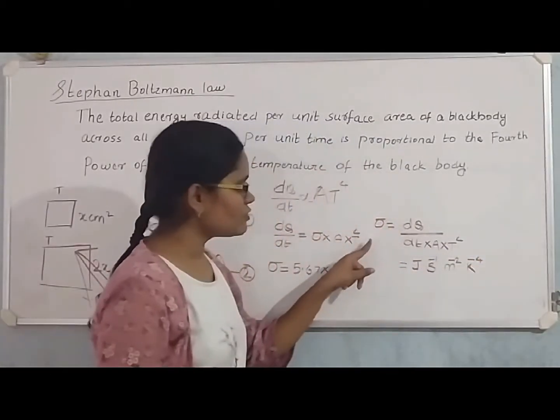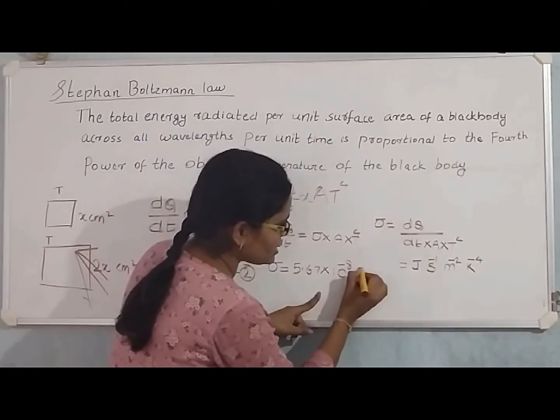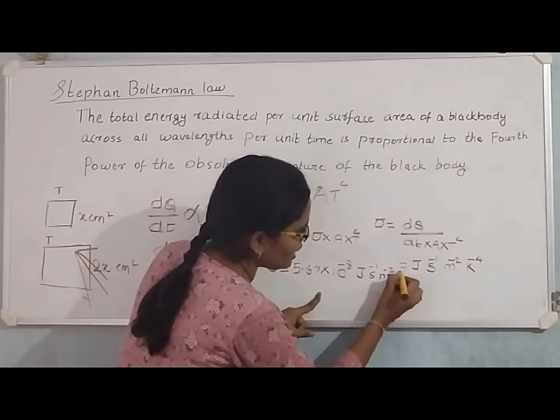So this is the unit of the Stefan Boltzmann constant: 5.67 into 10 power minus 8 joules second inverse meter power minus 2 Kelvin power minus 4.